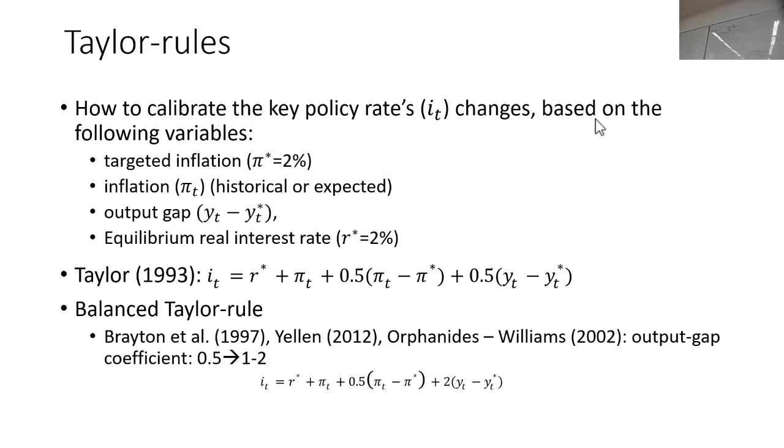If we go through a list of the different rules, we can see that the balanced Taylor rule suggested that we should increase the importance of the output. In the United States, we can see that Miss Yellen was the head of the central bank at that time, and Williams is also a really important author in the field of monetary policy, also from the US.